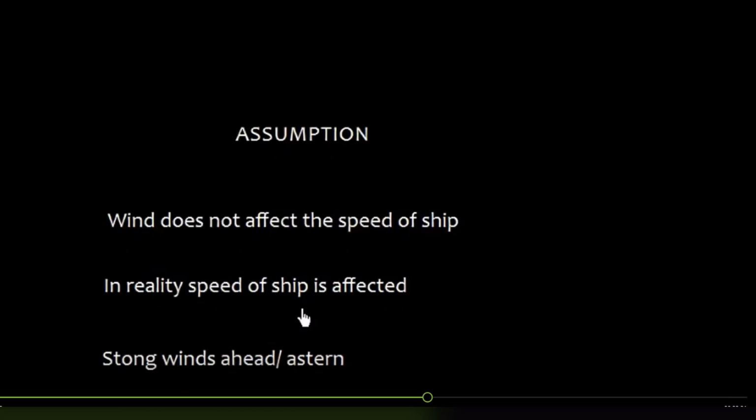Now a doubt may arise in your mind, why don't we consider it? If it is practically happening, why don't we consider it? The reason why it is left is because the effect of wind on increase and decrease of speed is a complicated phenomenon. You see, how much ship speed is going to increase or decrease because of wind is decided not only by the wind speed but also by the angle at which the wind is coming to us.